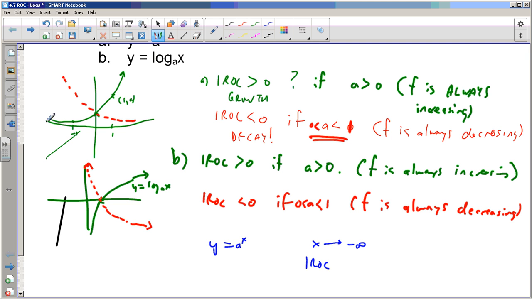If I draw a tangent line way out there, the IROC is getting closer and closer to 0. And in fact, for the log function the IROC is getting closer to infinity. There's lots of true statements that you could have written there. Dandy. Let's keep moving on here.